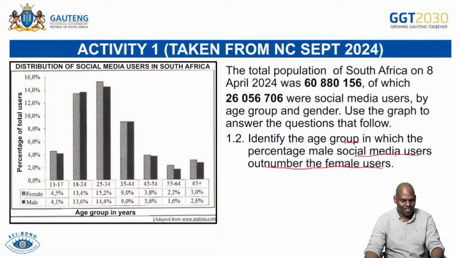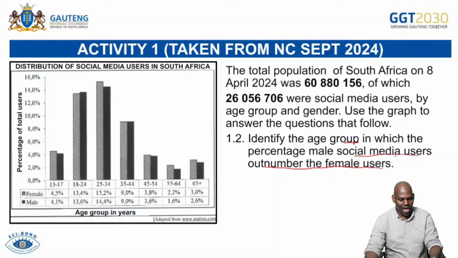If you look at our graph, you can see that from the age of 13 to 17, female is 4.5% and male is 4.1%. So it means the female is bigger than male. The female outnumbers the male. Then we've got 18 to 24, 13.4, and we've got 13.6. So it means that age.